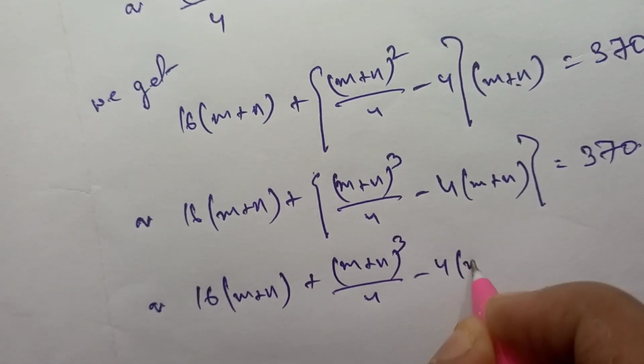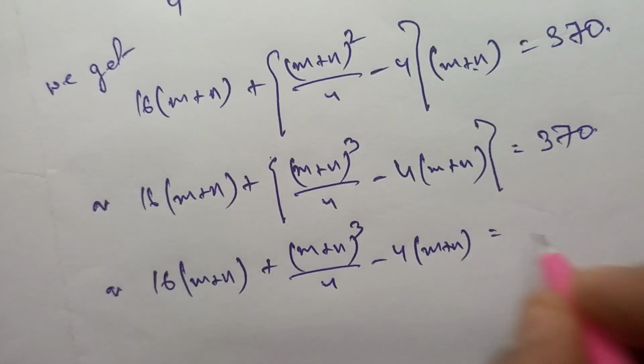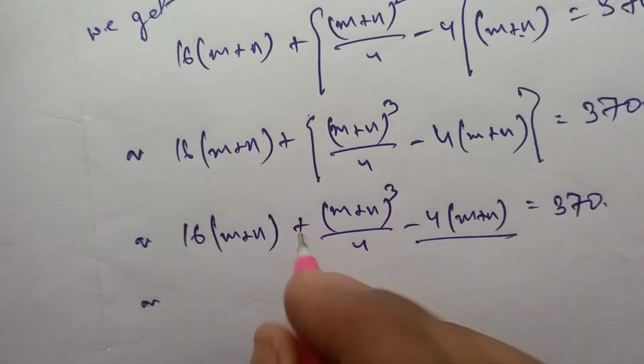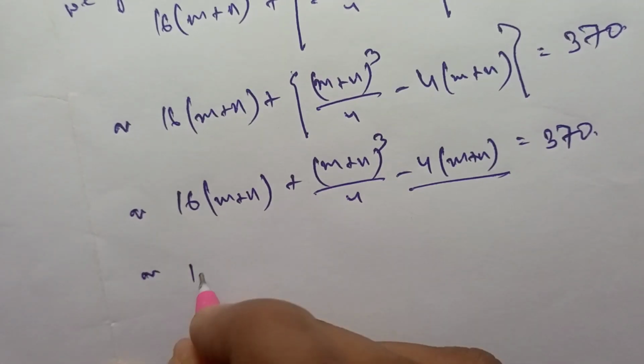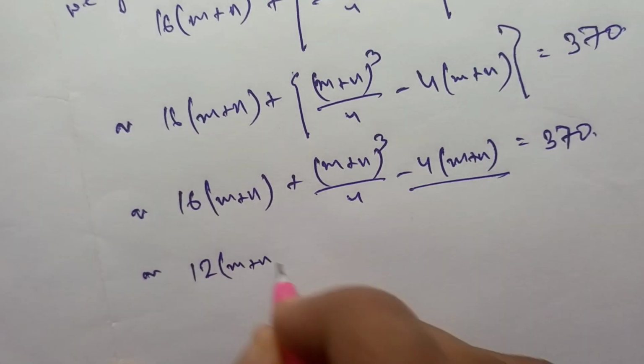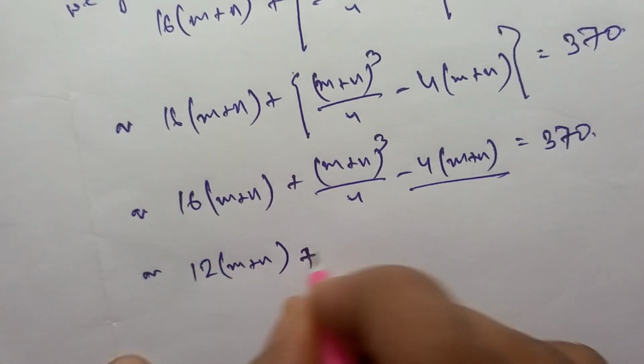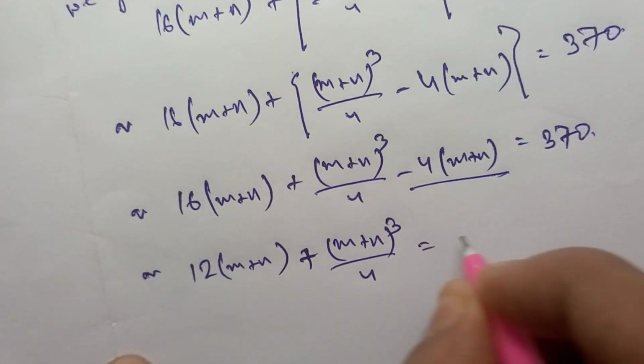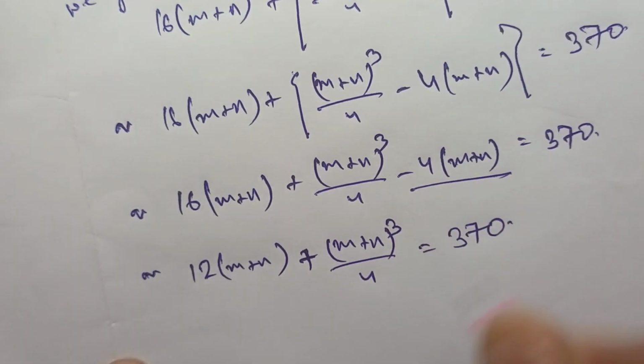Now we open the curly braces and subtract this term. As we see here, the 16(m + n) is positive and the 4(m + n) is negative. So the result is 12(m + n) plus (m + n) cube divided by 4 is equal to 370.